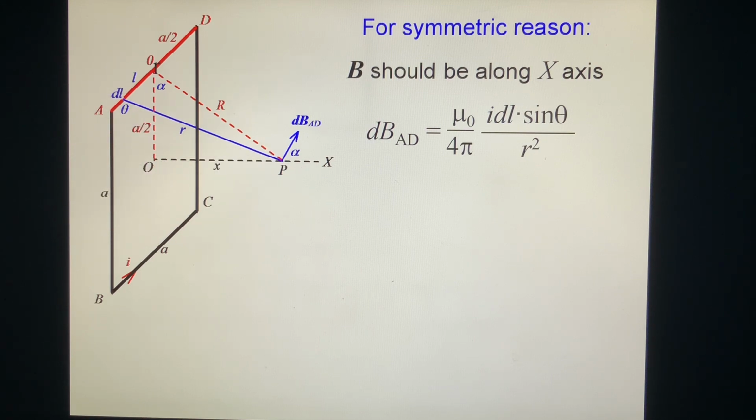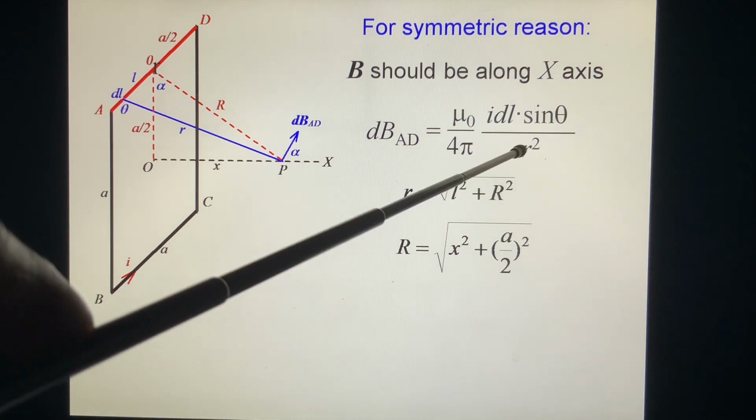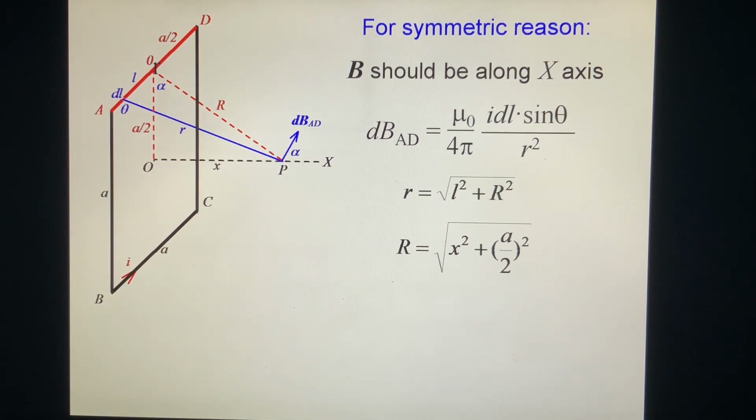In this right triangle, r squared is l squared plus R squared. l changes from here to here, and R squared is a constant, equal to x squared plus half A squared. We put r in, and we get dB.